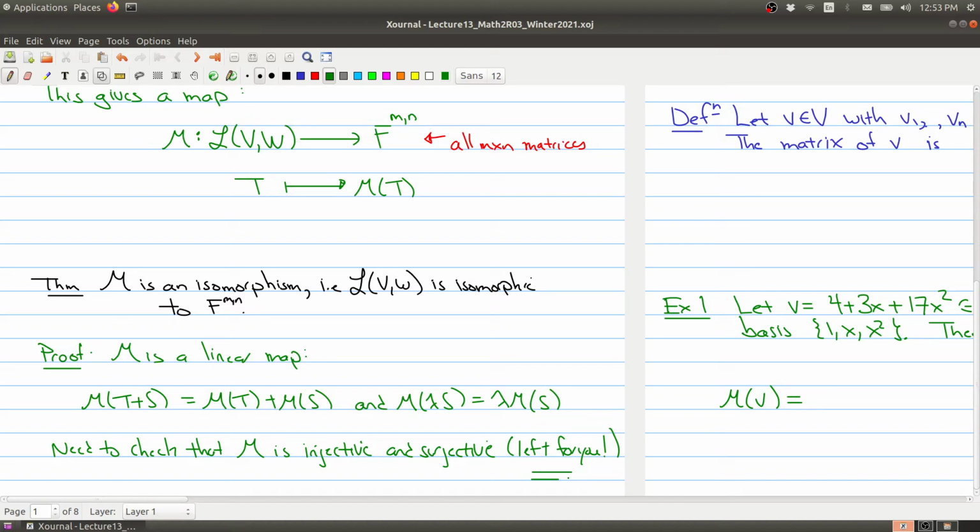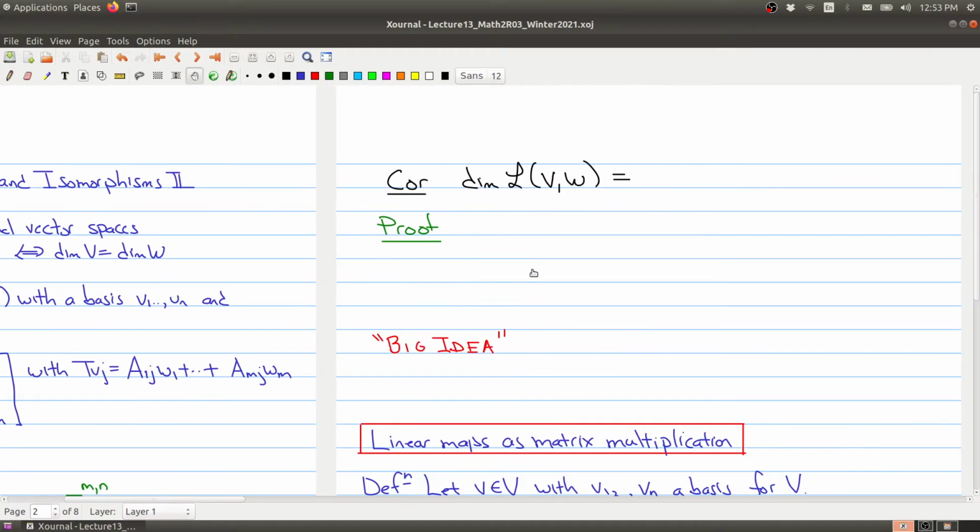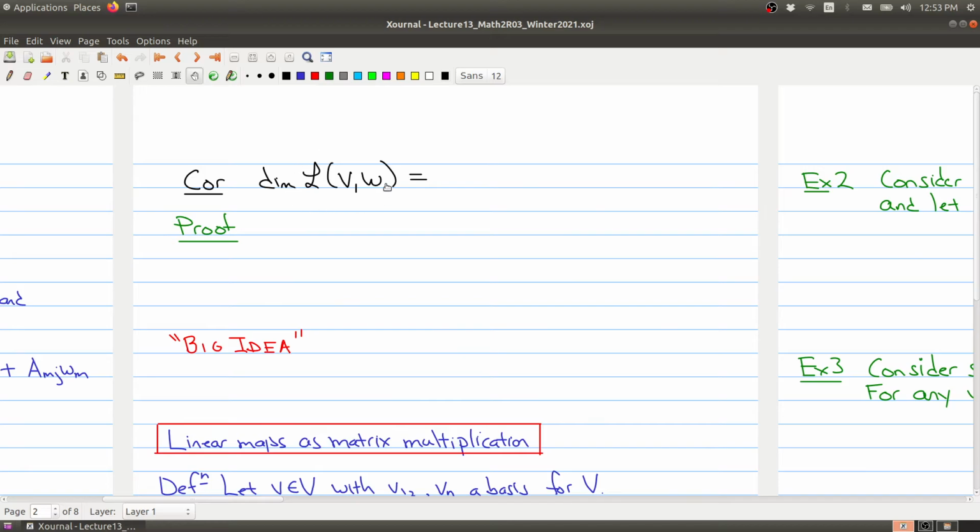So what does that mean? What do we get out of this? Well, we can now think of L(V,W), the set of all linear maps, as being isomorphic to the set of all m by n matrices. So the first thing that we get out of this is that the dimension of this vector space is equal to the dimension of V times the dimension of W. And why is that?